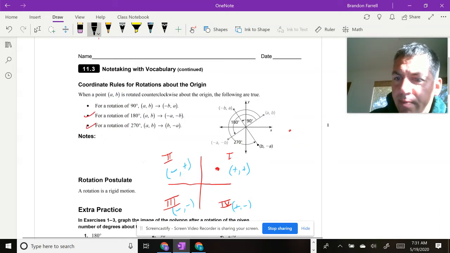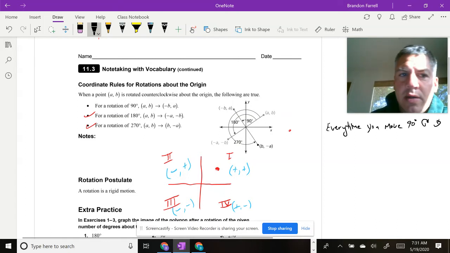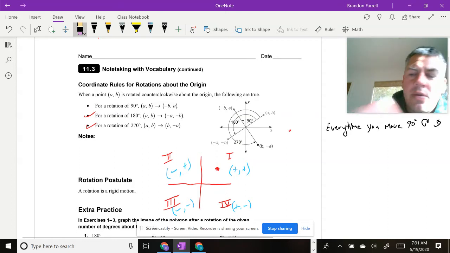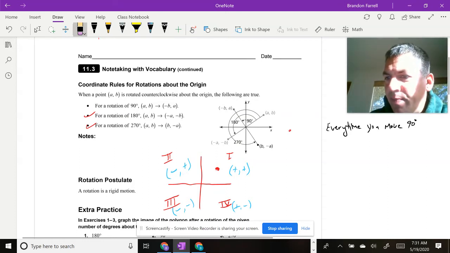Every time you move 90 degrees in either direction, counterclockwise that way, or clockwise that way, those kind of look kind of weird, to be quite honest with you. We will erase those. We're going to do a switch of the x's and y's.